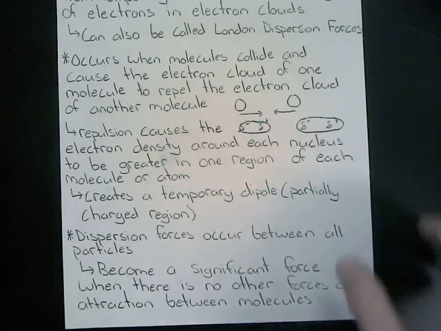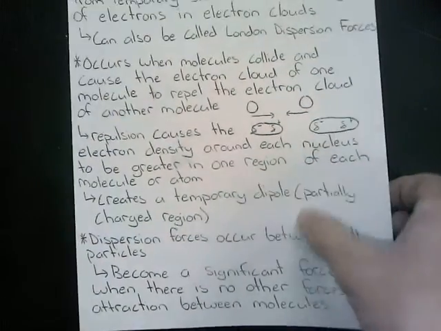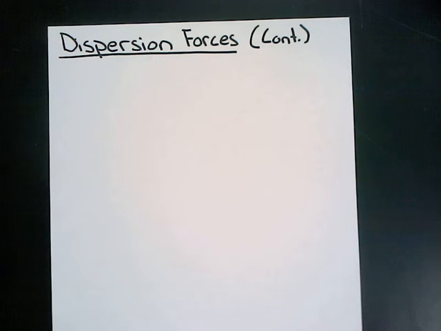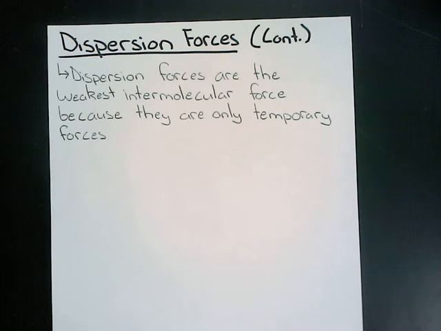Now, to continue on with our discussion about dispersion forces, dispersion forces are the weakest intermolecular force because they are only temporary. And we also have to keep in mind that as the number of electrons in a molecule increases, the dispersion force between the molecules also increases.